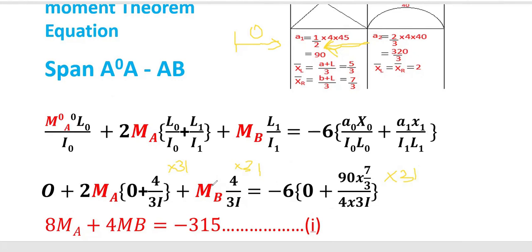This will be 4MB, because the 3I here will eliminate. This will be 90 times 7 over 3 is negative 6 divided by 4, and you get 315.